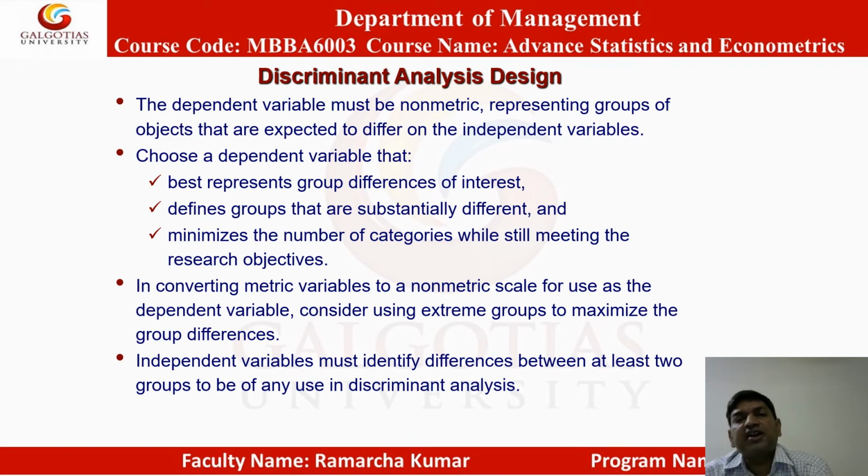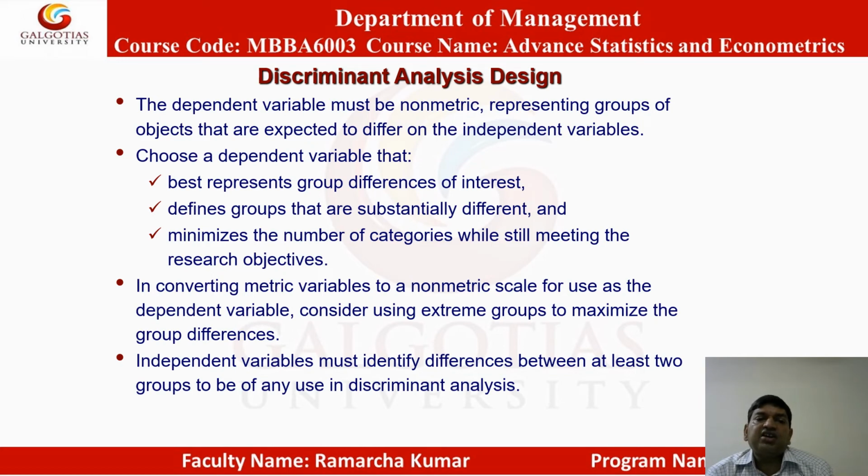Discriminant analysis design: the dependent variable must be non-metric. That means it must be categorical, representing groups of objects that are expected to differ on the independent variables. Choose a dependent variable that best represents group differences of interest. Define groups that are substantially different and minimize the number of categories while still meeting the research objectives.